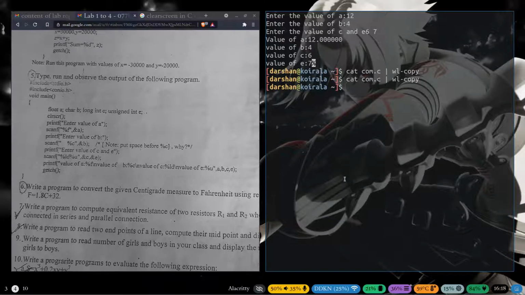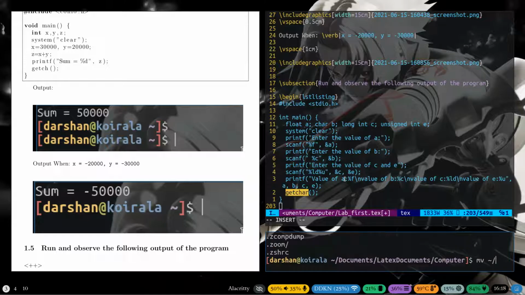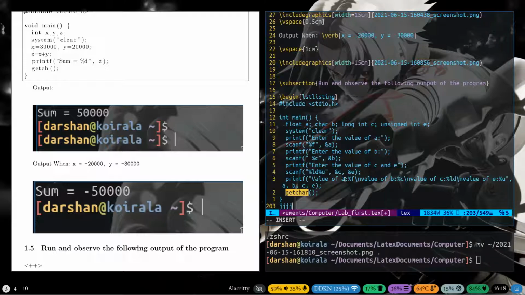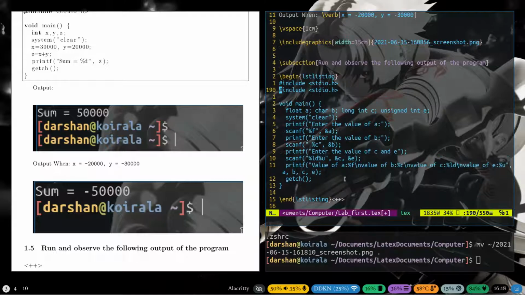I'm just cutting it out. No, I think this is a screenshot. Because there can also be a copy to the clipboard. Getch and void main and conio. So that's it.